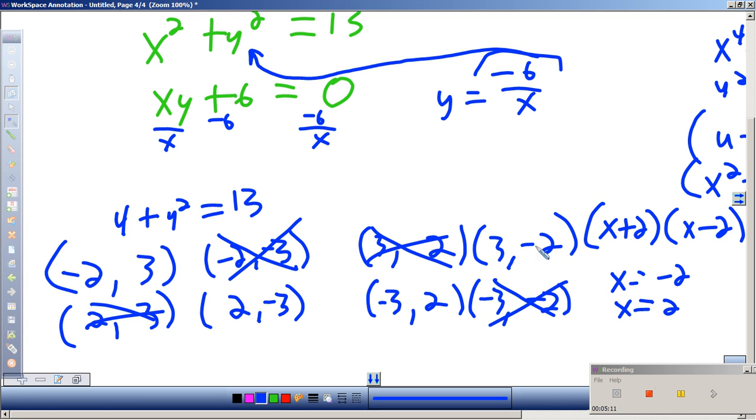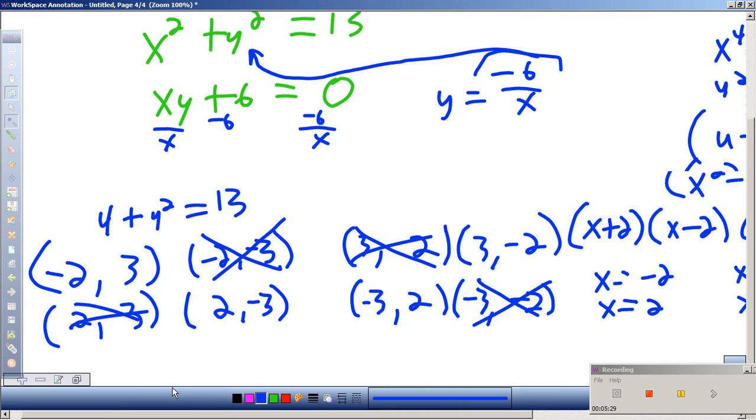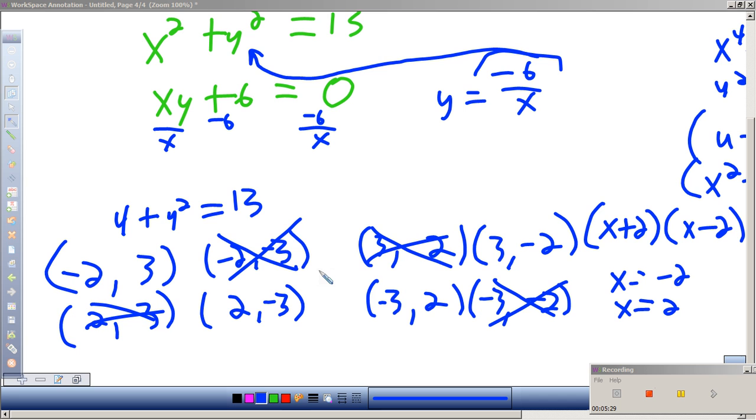So these are my 4 solutions. So there were 8 possibilities that worked with the first equation, given our values for x. However, only 4 of them actually worked.